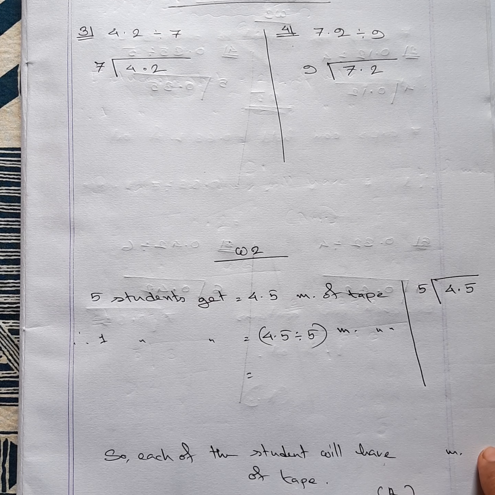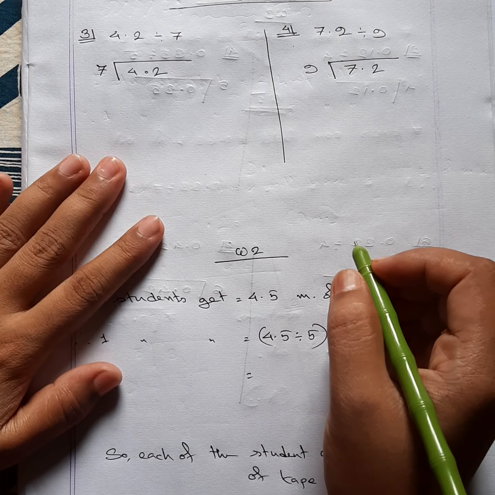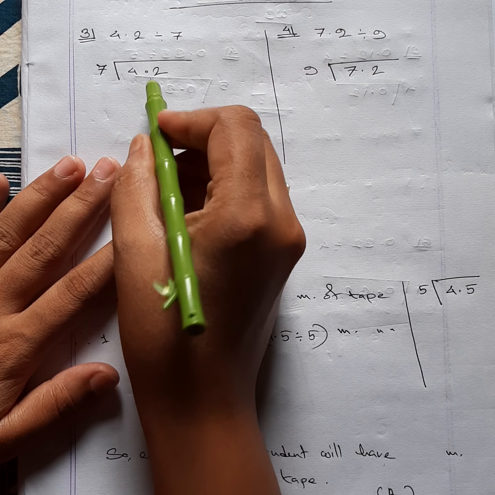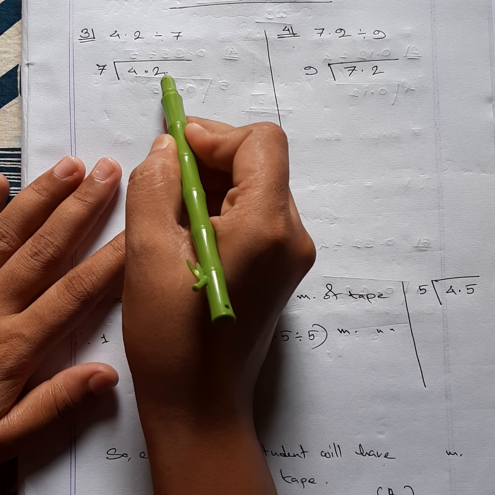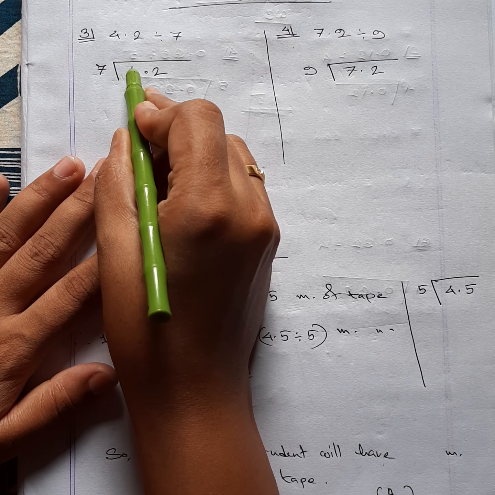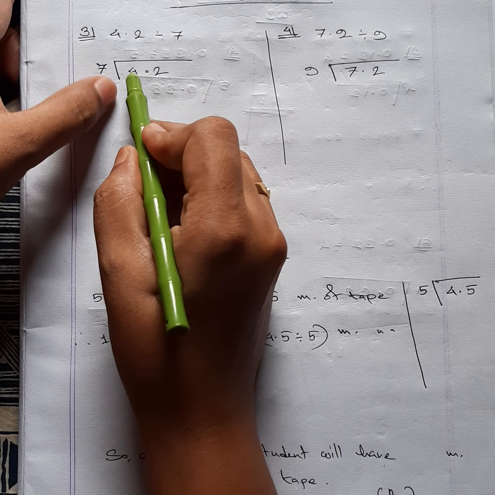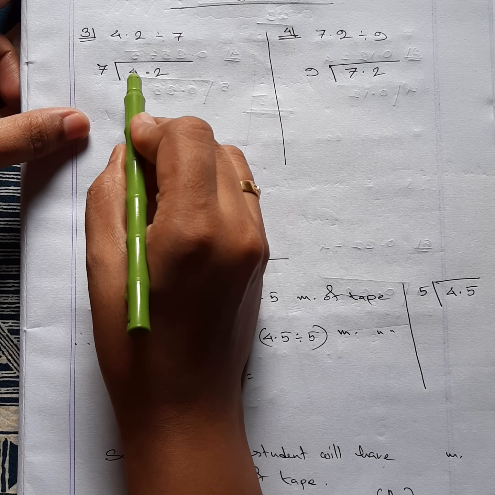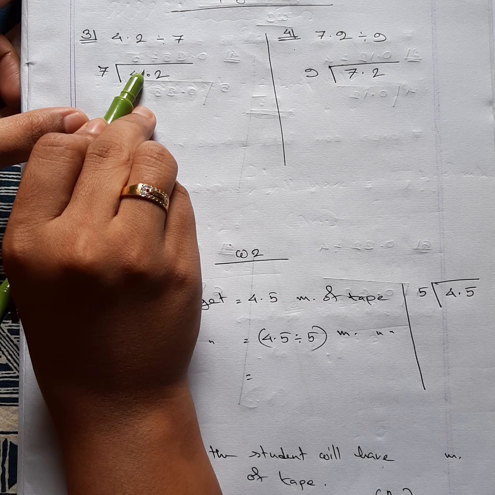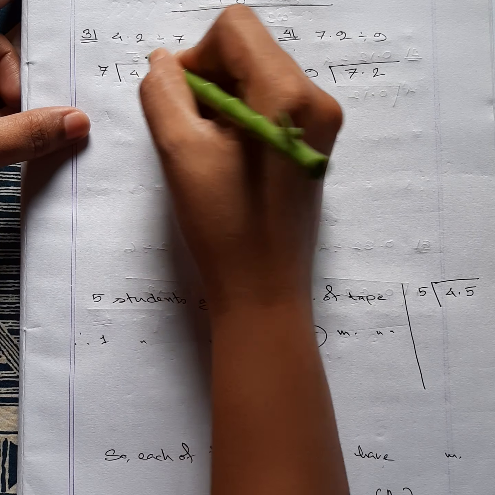Here there are 2 more maths. Now let's see, we have 4.2. What you have to do, we cannot divide 4, so we need to take another digit. At that time we are crossing our decimal. Oops, if we cross our decimal, then we have to give it over here.